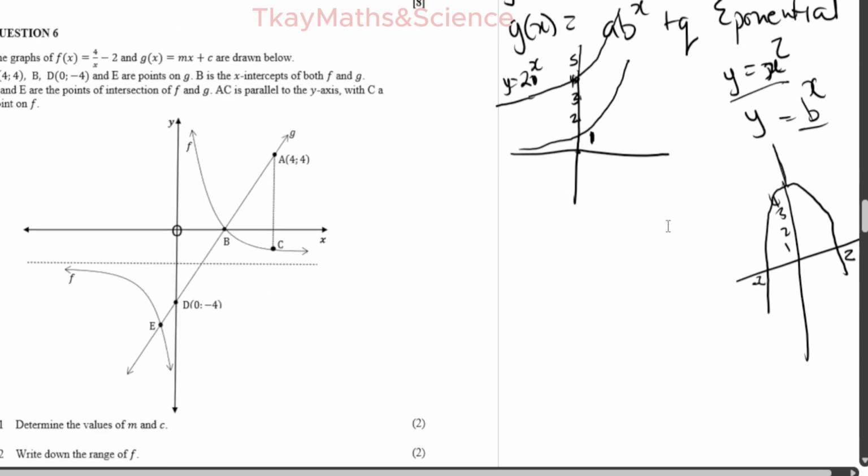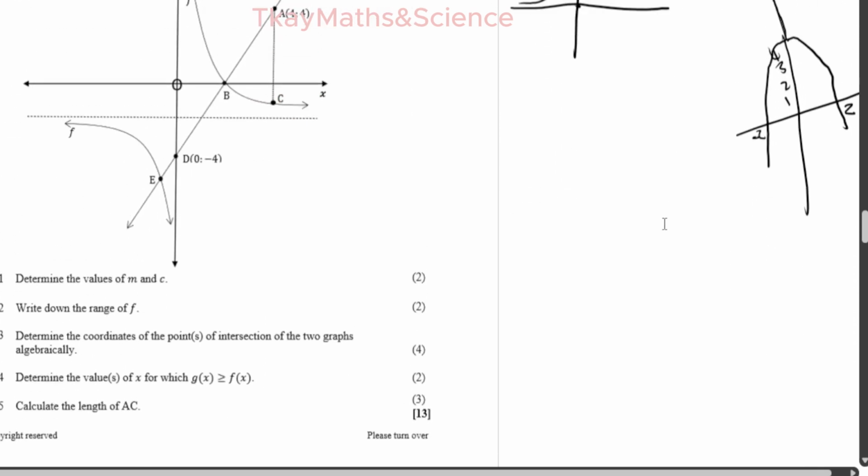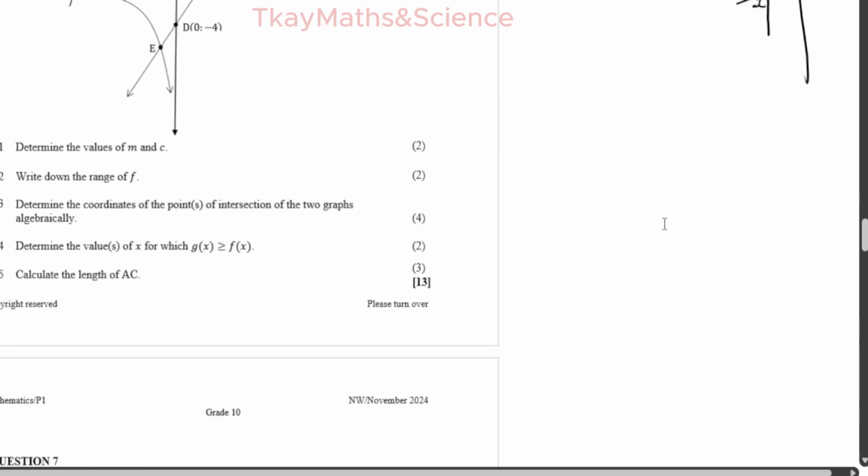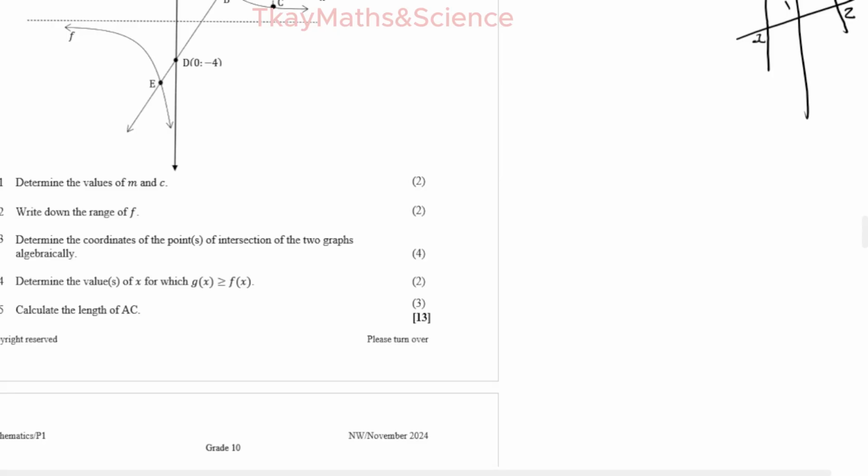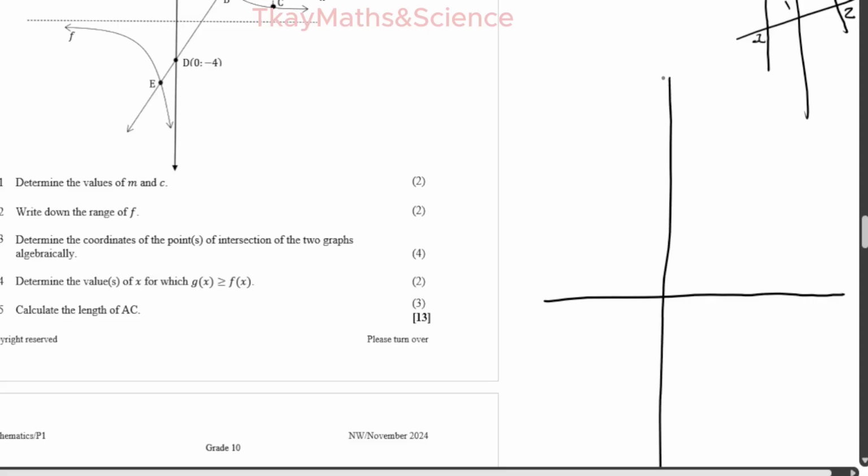Let's see here. Now we're going to draw it on the same axis. Let's just try to draw it as much as we can on the same axis here, like this, right? Okay, this is the y, this is the x.